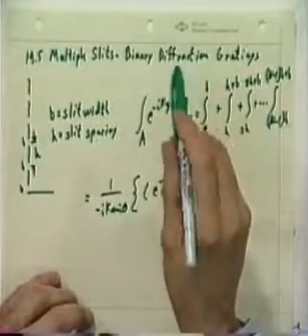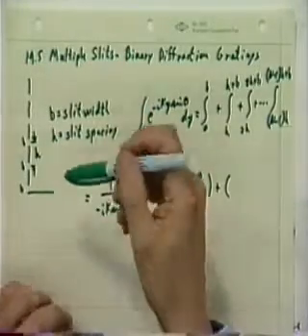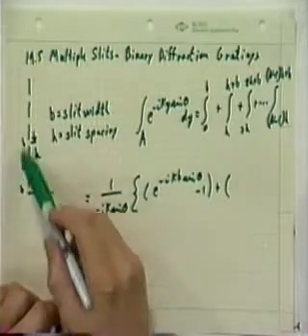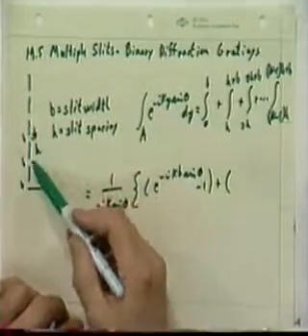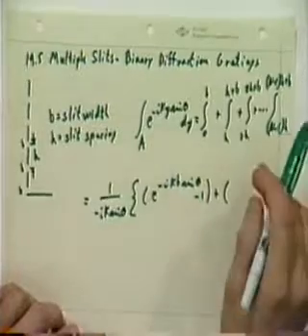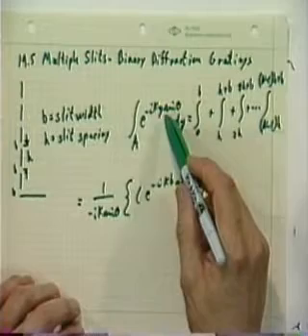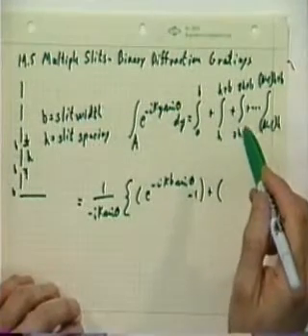So last class we were talking about multiple slits, binary diffraction gratings, section 14.5. So I think what we had last class was that we had n slits here. Each slit had a width of b, and the spacing between the slits was h. We said that we could then just write down the integral over the aperture, e to the minus ik y sine theta dy, Fraunhofer diffraction here.